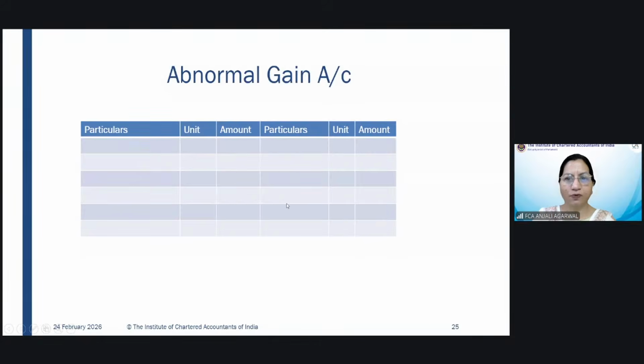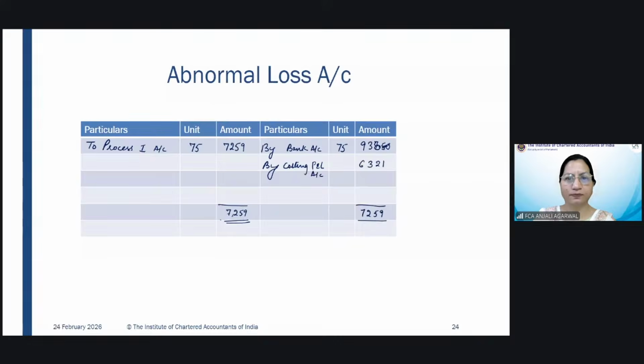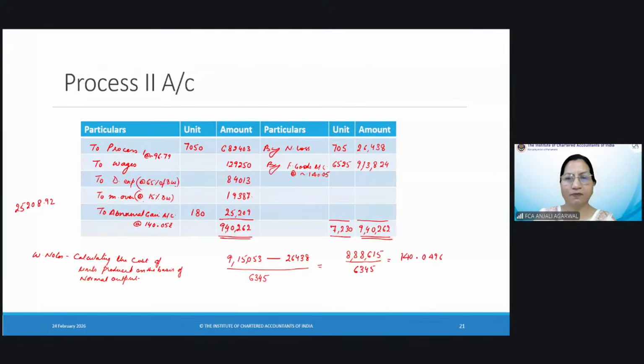Now let's move on to process 2. Process 2 has given an abnormal gain of 180 units, which is giving us a profit of 25,209, right?